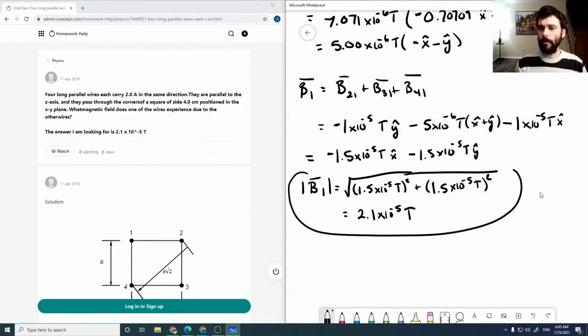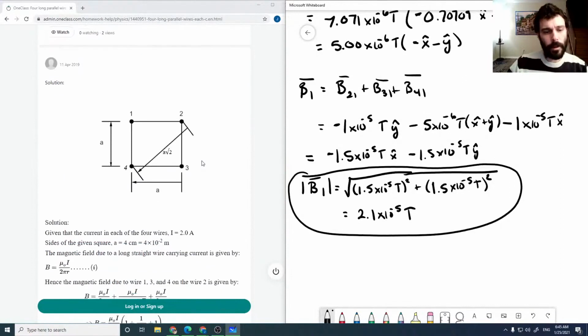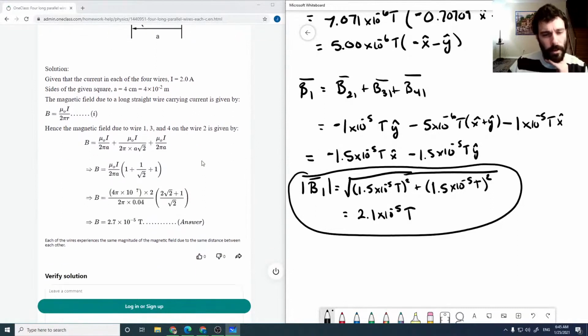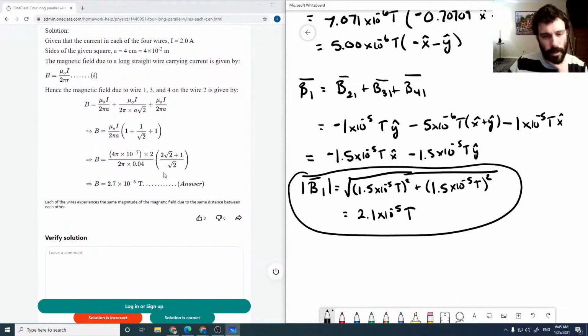2.1 due to the other wires. And because of the symmetry, the magnitude would be the same, although the directionality would be a little different. So for all the other wires, then there's our total B field. And all right, so checking to the solution given, they just add it all up and get 2.7.